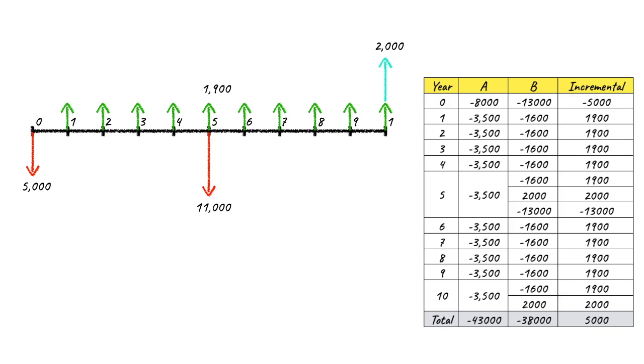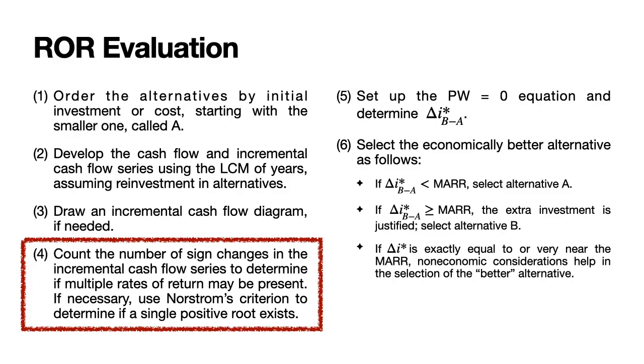Now, what I want you to do for your homework or exercise, as evidence of your online attendance, is to complete the remaining steps for this ROR evaluation. First, you need to find the total number of sign changes based on Norstrom's criterion. In order to do that, you have to create another column, which is the cumulative incremental column.